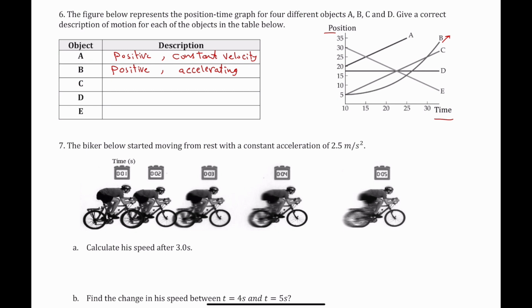C is the same as A, so the object is moving with constant velocity and positive. So here positive and constant velocity.